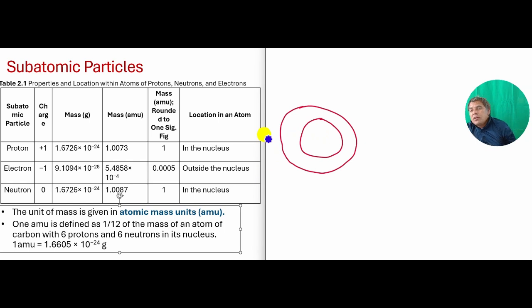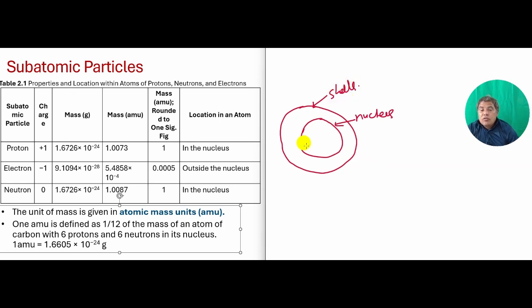This is a very simple model of the atom. The innermost core is said to be the nucleus, and the whole outside region is said to be the orbitals or shells.